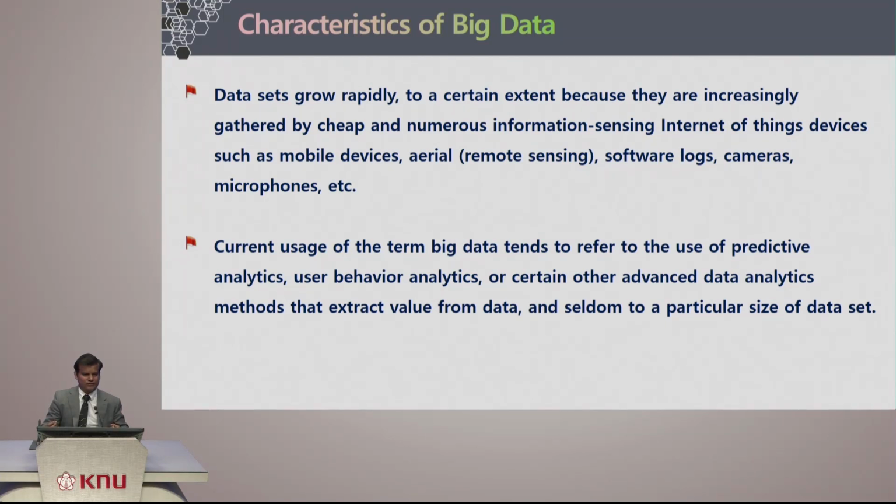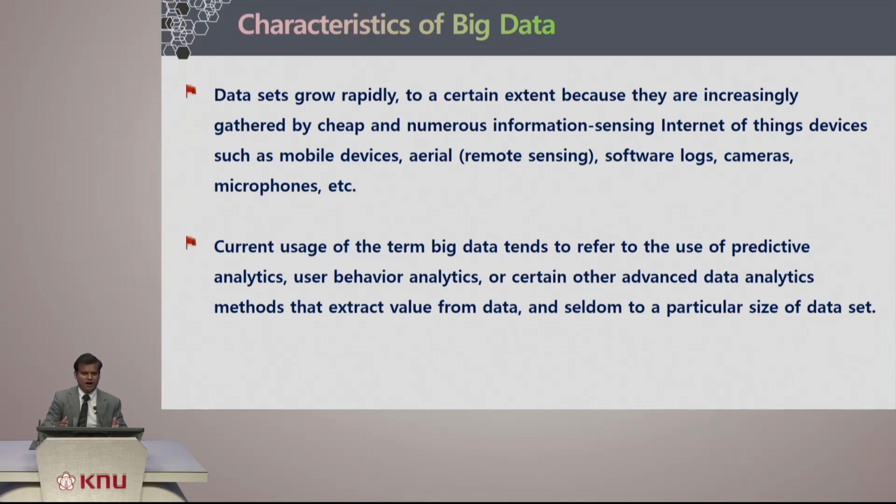The current usage of the term big data tends to refer to the use of predictive analytics, user behavior analytics, or certain other advanced data analytic methods. When we talk about big data, it's not just about the huge volume of data.